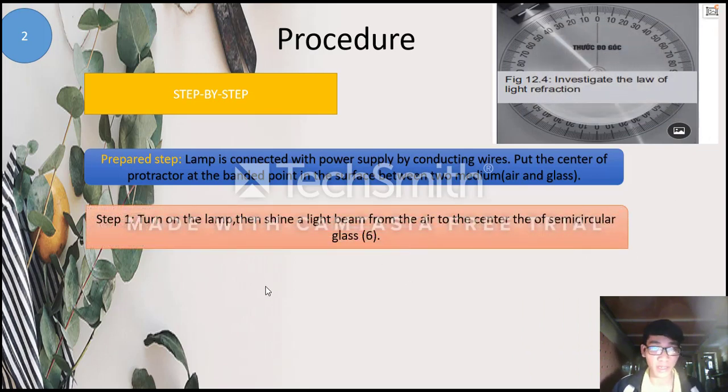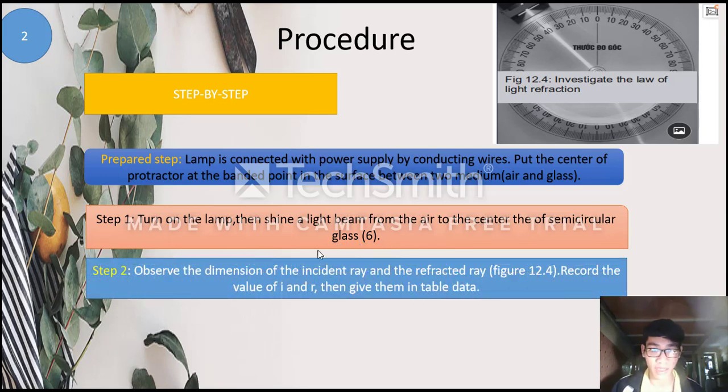Second step, turn on the lamp and aim a light beam from the air to the semicircular slab. Observe the direction of the incident light and the refracted light, record the values and give them as data. The incident angle is the angle between the incident ray and the normal, and the refracted angle is the angle between the refracted ray and the normal.